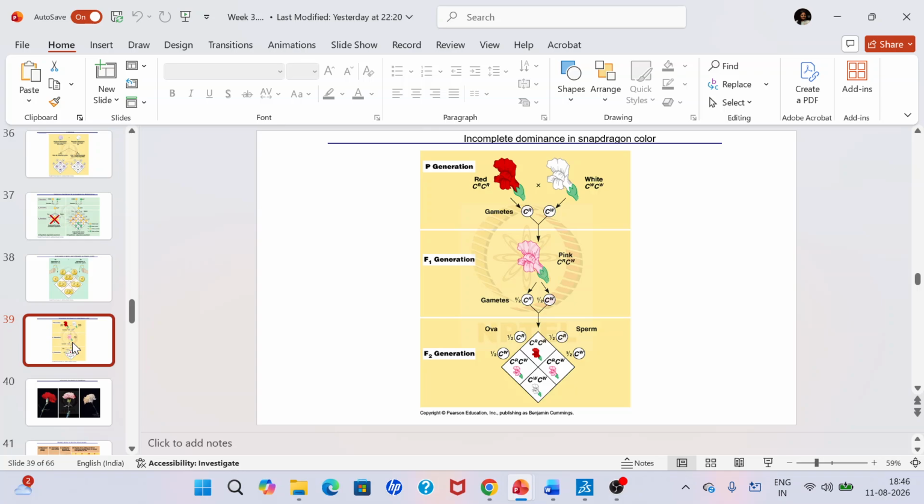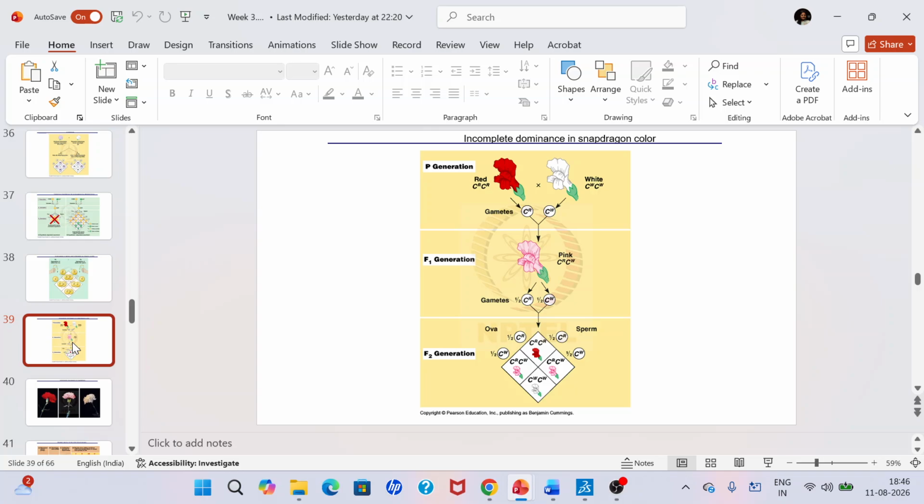But no, it was not the case. The F1 generation, the flowers that came out after crossing this combination, were all pink flowers, not completely red.